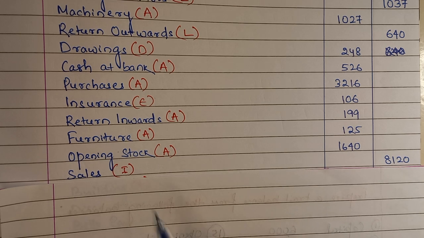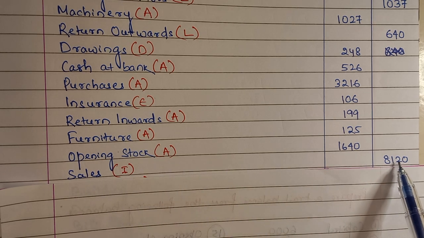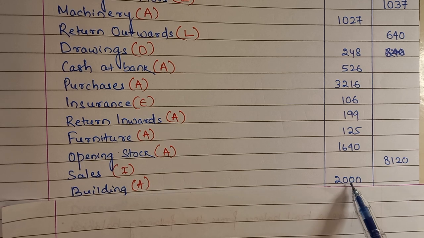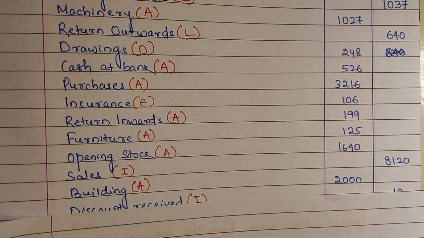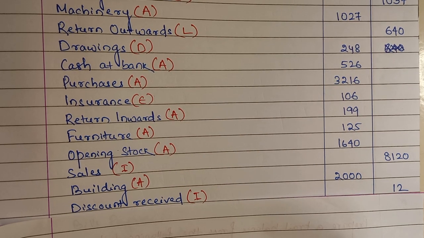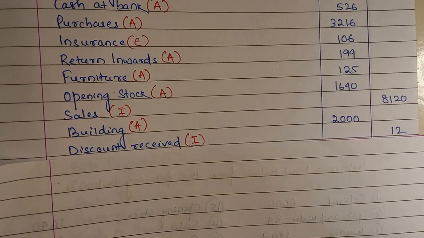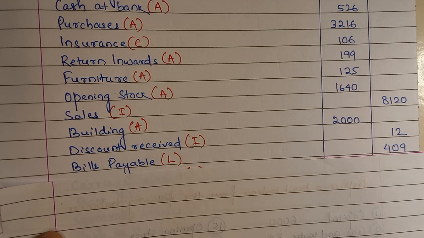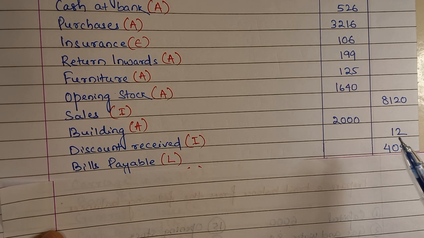Sales is income, so reported as credit, 8120. Building is an asset, reported as 2000 under debit. Discount received: if you're giving discount, it's an expense, but if you're receiving discount, it is an income, hence reported under credit. Bills payable, this is the opposite of debtors, right?